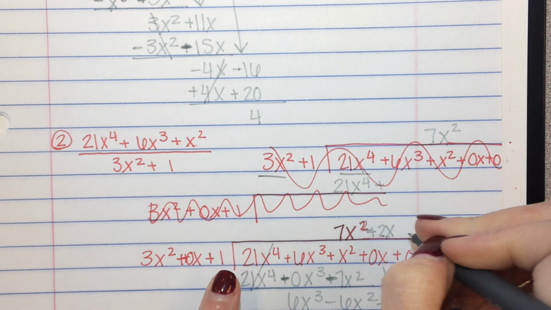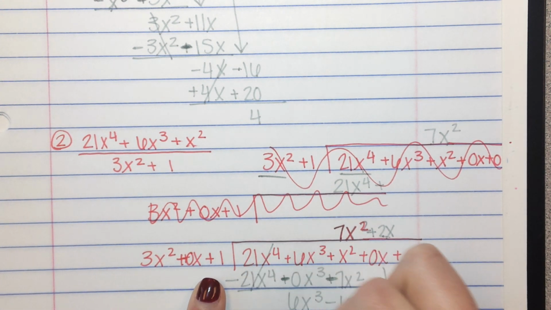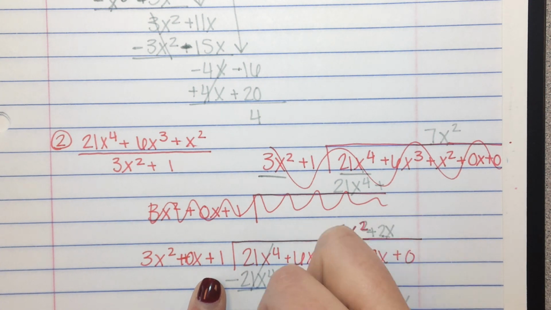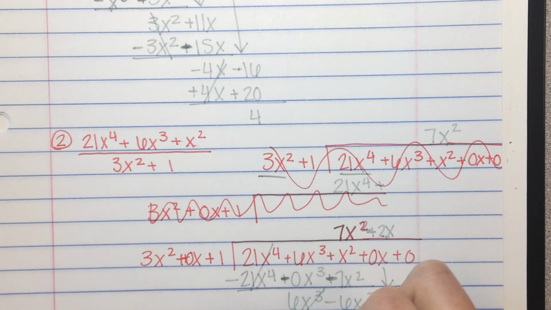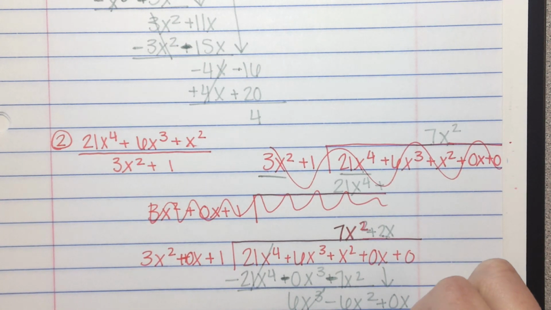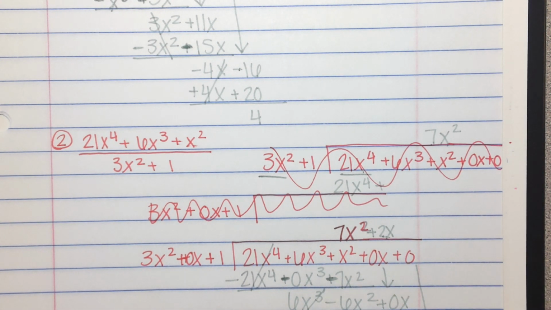And then 2x times 1 is just 2x. Change all those signs and combine. Those cancel. Negative 6x squared minus 0 is negative 6x squared. 0x squared minus 2x squared is negative 2x. And we bring down our 0 term.